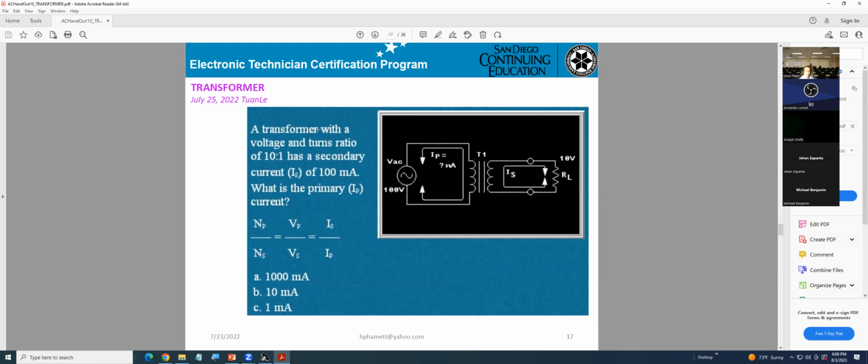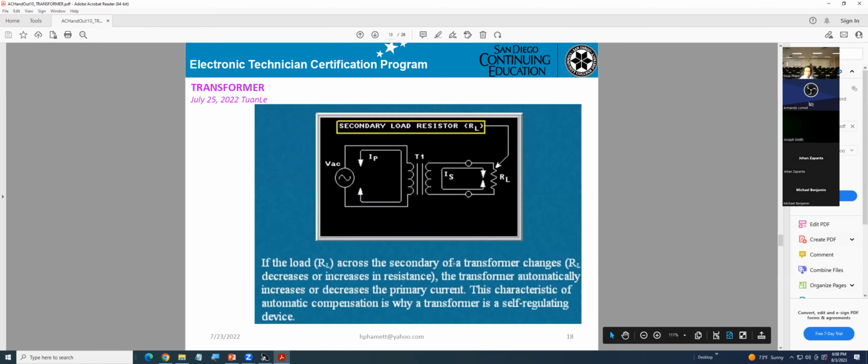A transformer with a voltage and turn ratio 10:1 at a secondary current 100 milliamps. What is the primary IP current? That means you can substitute into that formula and you can calculate it.